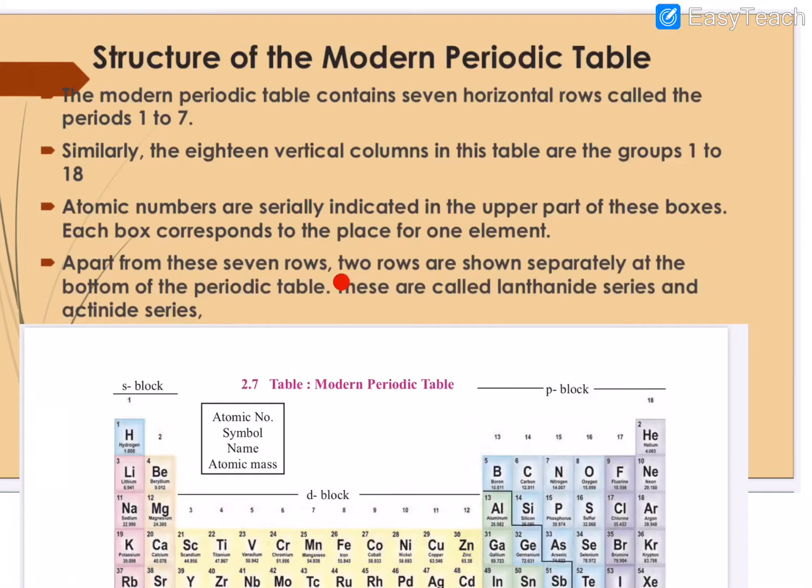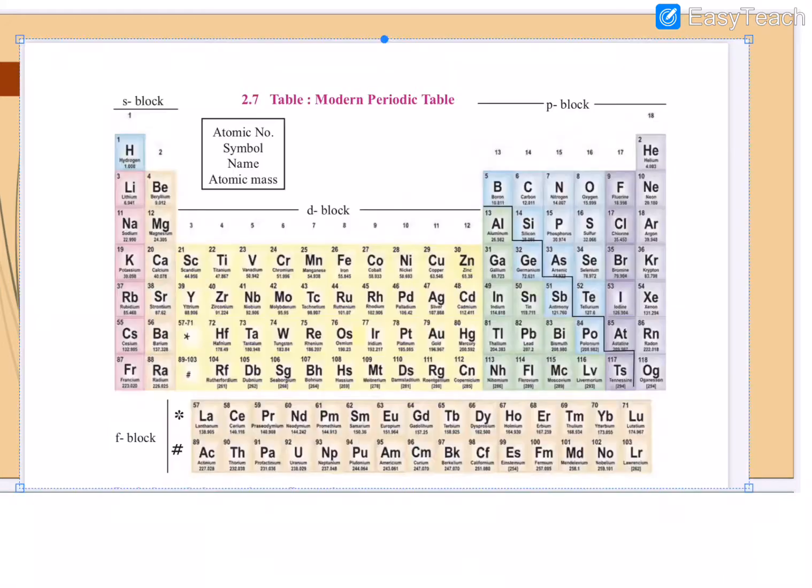Apart from the 7 rows, you can see 7 periods in the modern periodic table, and apart from that there are also 2 other separate rows at the bottom of the periodic table, called the lanthanide series and the actinide series. You can see it here.